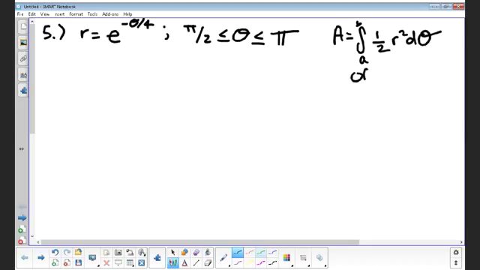We can also solve for area using a similar integral, a to b, but this time we're going to have it in terms of theta. We'll have 1/2 f of theta squared d theta.